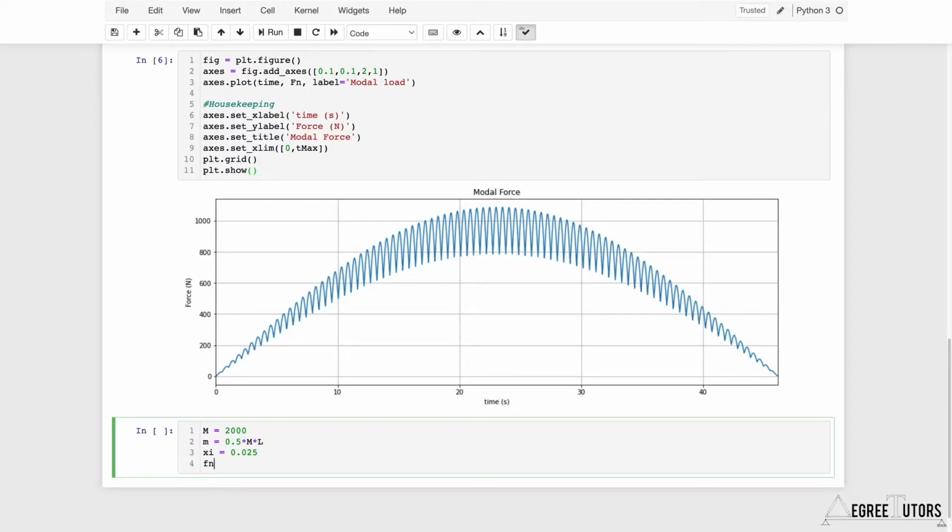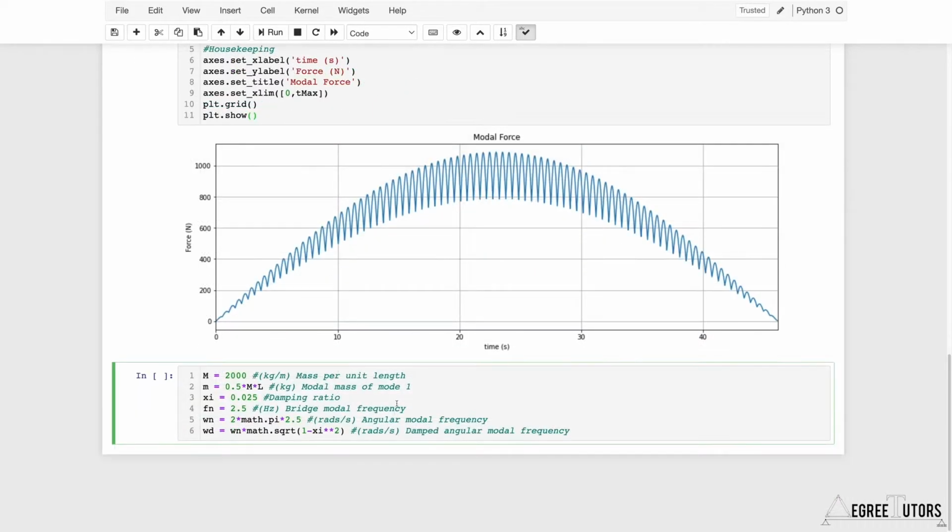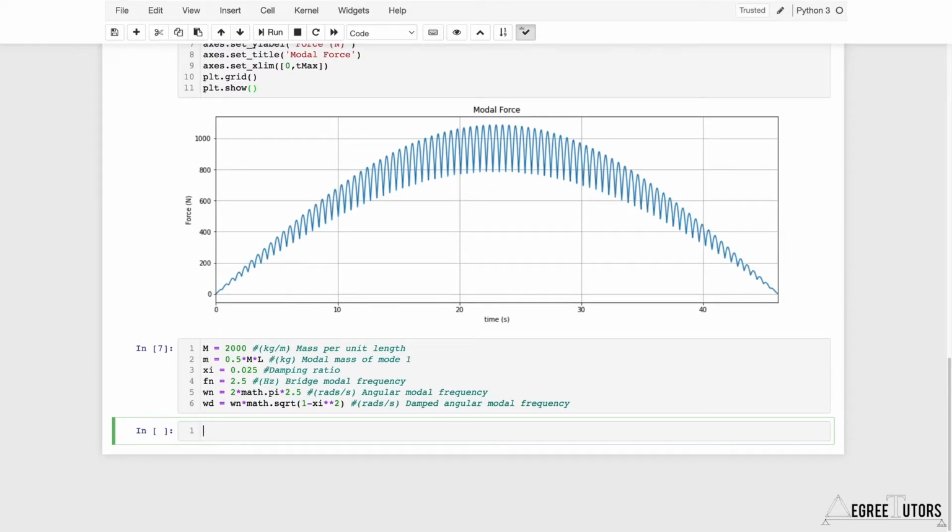We said we were going to specify a modal frequency of 2.5 hertz, which gave us an angular modal frequency of 2 pi times 2.5. And then we had the damped angular natural frequency, which was omega n times the square root of 1 minus xi squared. Okay, great, so we can execute that, and now we have defined our parameters.